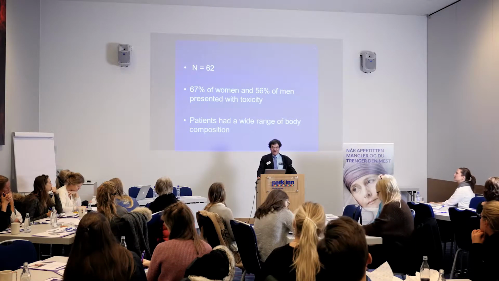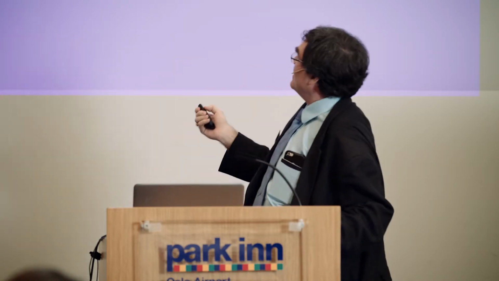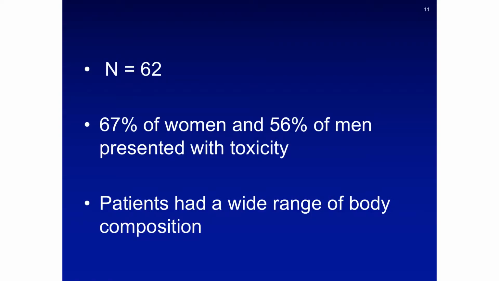And as is carved in stone in medical oncology, and given the audience, don't take this the wrong way, women always get sicker with 5-FU chemotherapy than do men. And we found that 67% of the women and 56% of the men had toxicities.